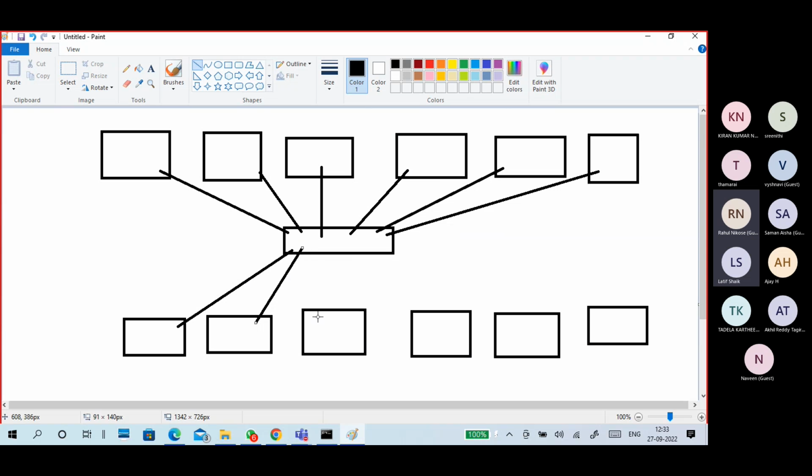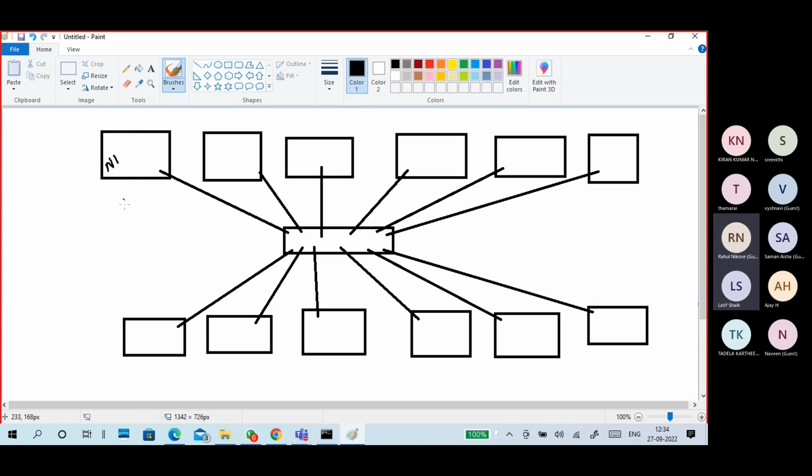Now this is entirely one physical network. Physically, it is a single network. Similarly, there is another switch with 10 computers connected. That is physically another network.